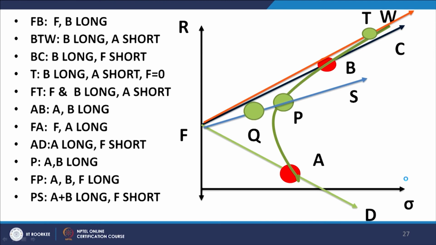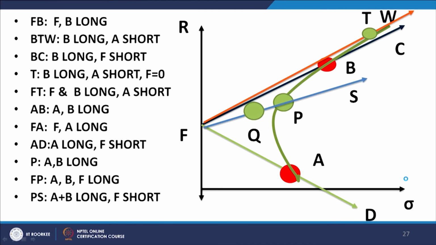Now, what about the point S? S is a point outside the arc towards the right of the arc AB. Now, obviously, at point P we have xp equal to 1, xf equal to 0, but if you move along FP beyond P, then xf becomes negative, xp becomes greater than 1.